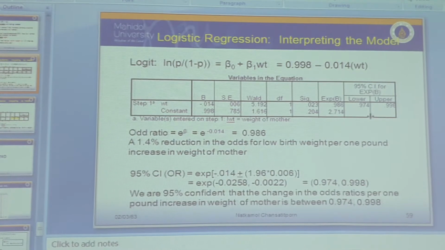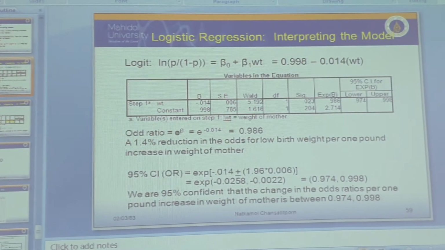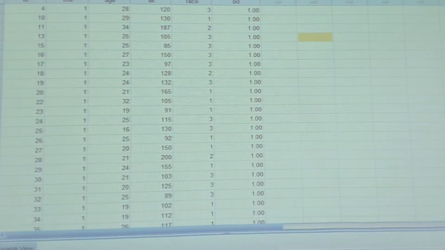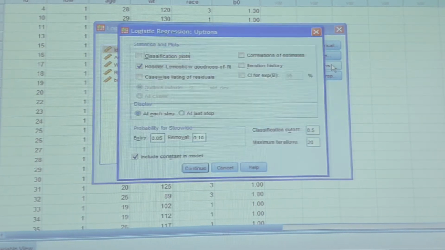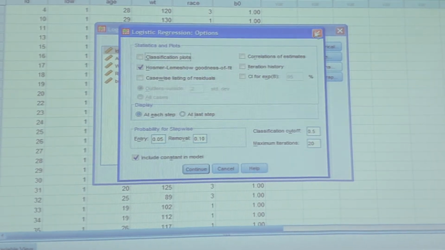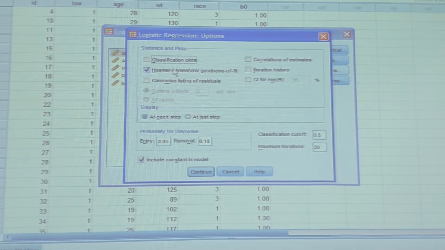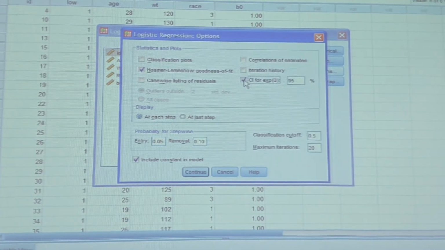And we can also get the computer to report the 95% CI. Usually it doesn't show up. If you go to options, we add goodness of fit and 95% CI, you see here?